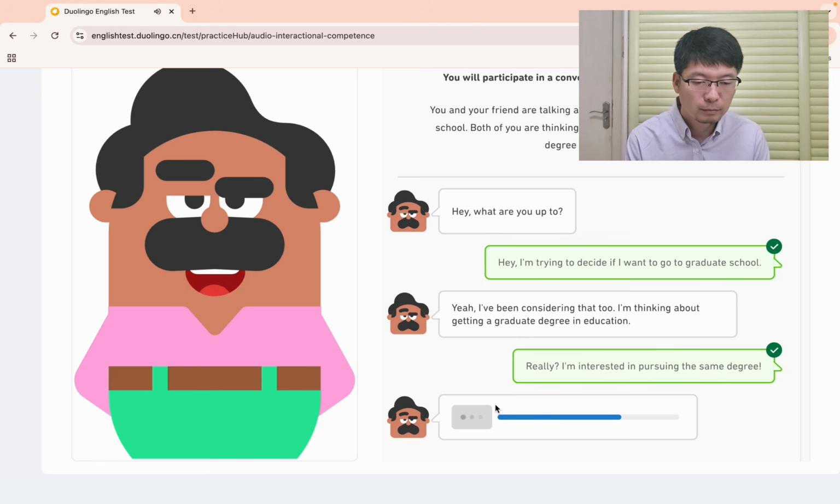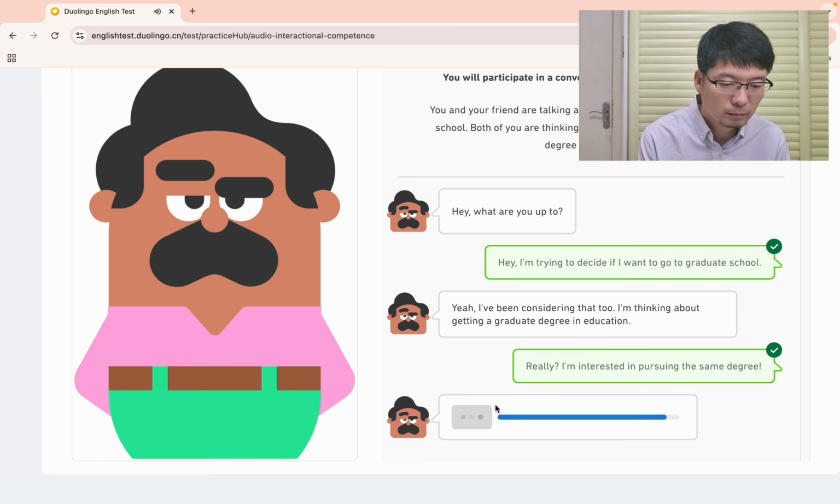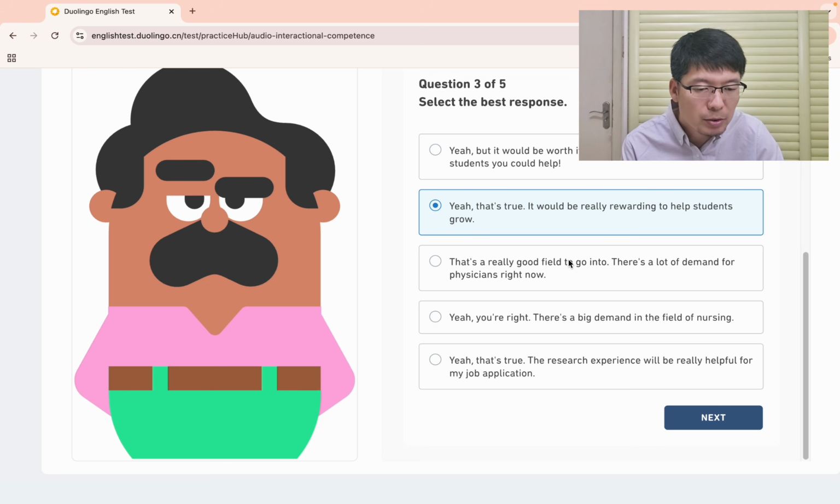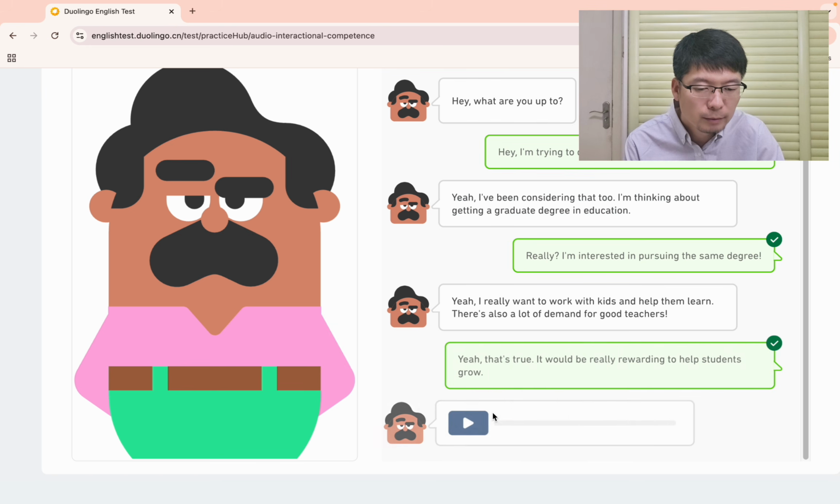There's also a lot of demand for good teachers. Yeah, that's true. It will be really rewarding to help students grow. Yeah, so this is the right answer. Nursing, no. So this is the right one.